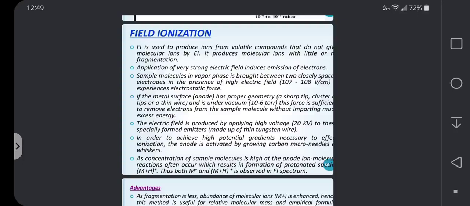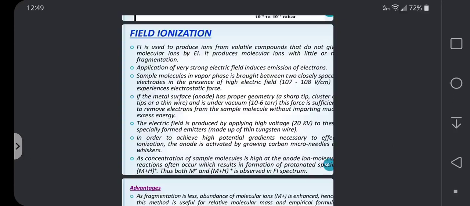Sample molecules in the vapor phase are brought between two closely spaced electrodes in the presence of a high electric field, 10^7 to 10^8 V per centimeter. If the metal surface has proper geometry and is under vacuum, this force is sufficient to remove electrons from the sample molecule without imparting excess energy.